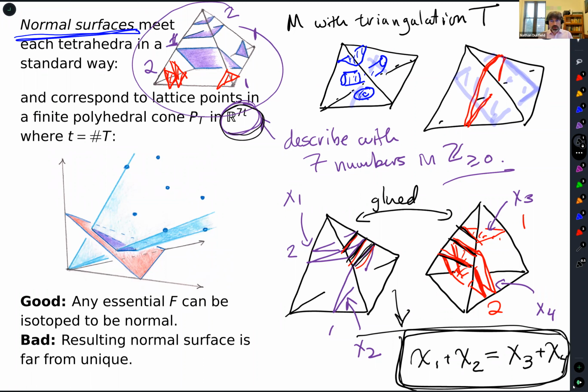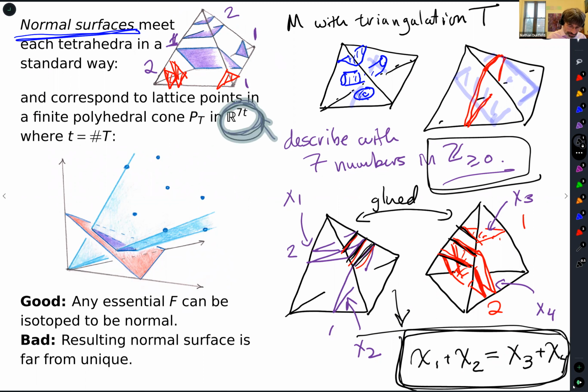Geometrically, we're looking at solutions to a system of homogeneous linear equations, but it doesn't make sense to talk about negative triangles, so we're interested only in solutions where the coordinates are non-negative. That's a subspace of R to the 7t intersected with a positive orthant in R to the 7t, which gives you a polyhedral cone.